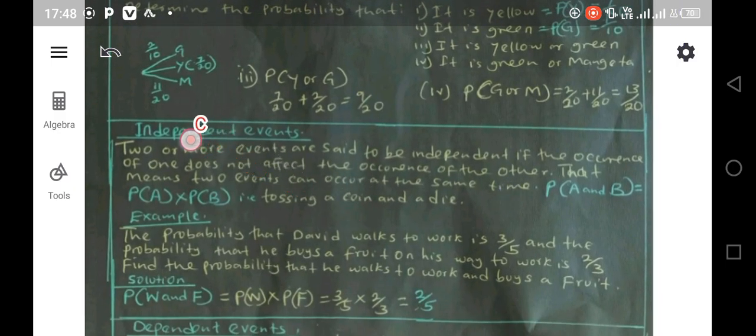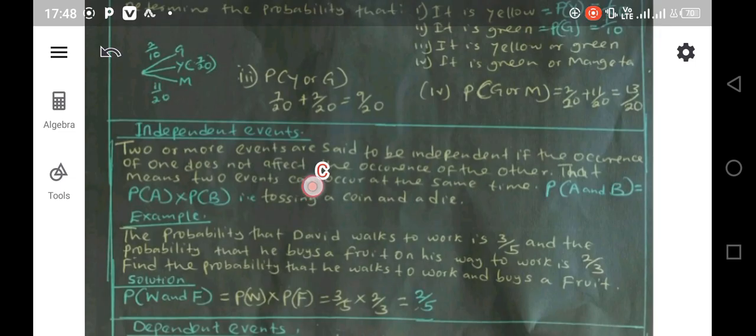Independent events. Two or more events are said to be independent if the occurrence of one does not affect the occurrence of the other. For example, you are in a plane. Consider the probability of you being a male and being served coffee, tea, or juice.